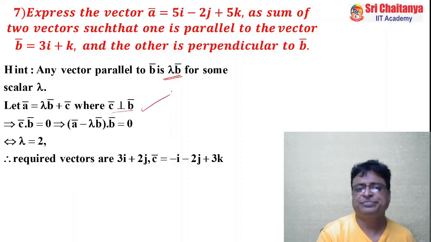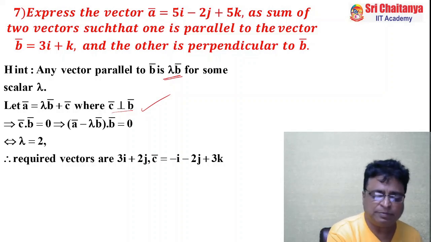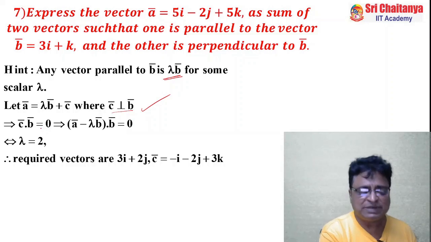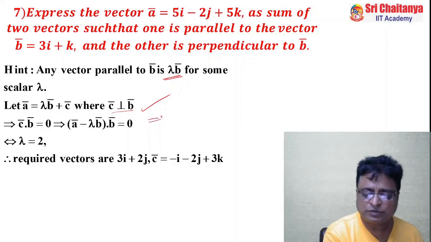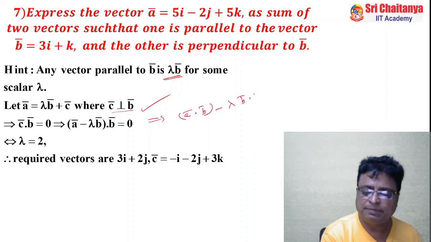Since C bar is perpendicular to B bar, C bar dot B bar equal to 0. What is my C bar? (A bar minus lambda B bar) dot B bar equal to 0. This is A bar dot B bar minus lambda B bar dot B bar equal to 0. So lambda into mod B bar square equal to A bar dot B bar.